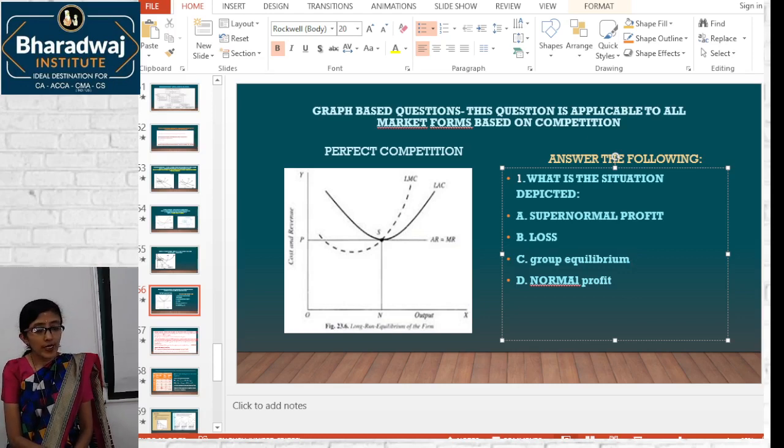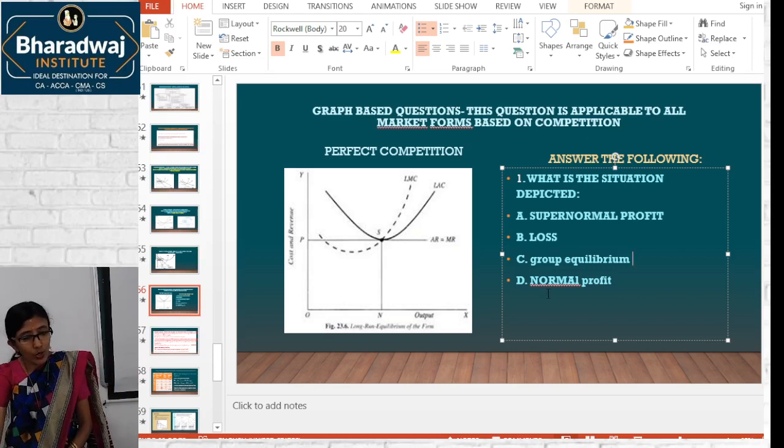I have changed the option, so I am asking. We saw the normal profit group equilibrium model, isn't it? So, what is the option now you will choose?